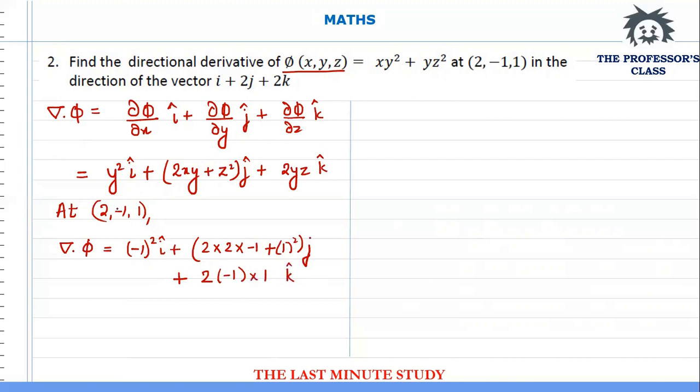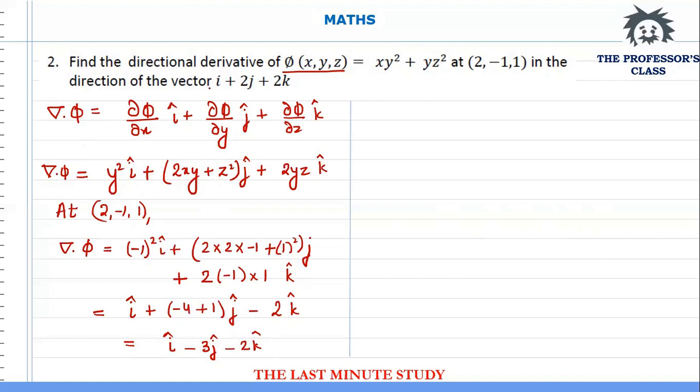What I have done is I have substituted the values 2, -1, 1 in the equation of this directional derivative of phi. So on solving this, I'll be getting i plus (-4 plus 1) j minus 2k, or simply I can write it as i minus 3j minus 2k.